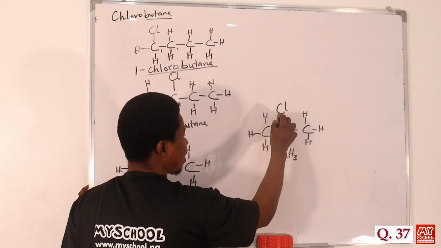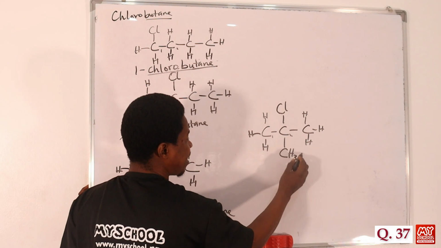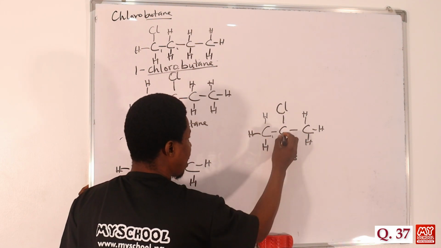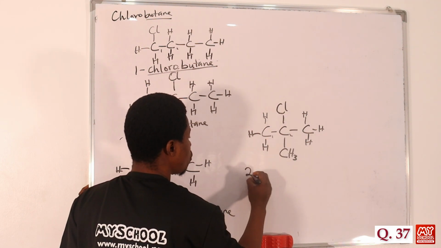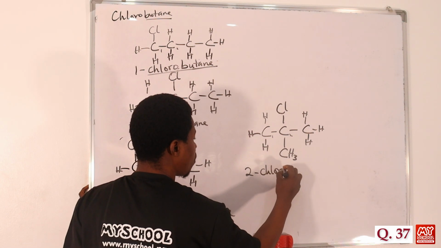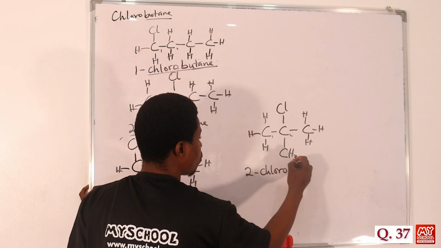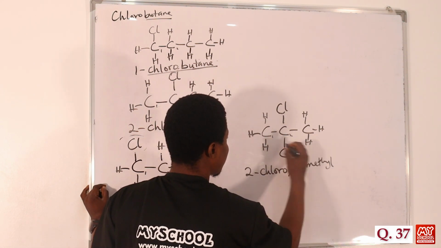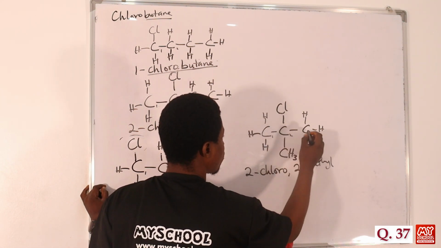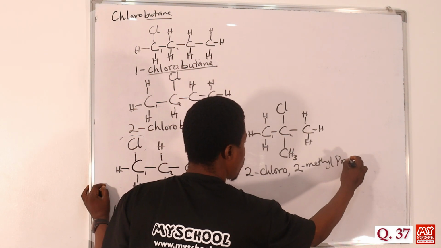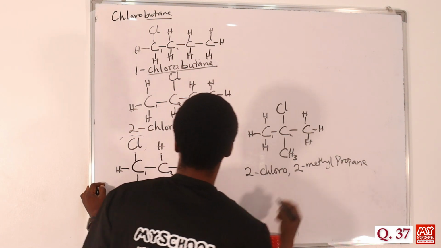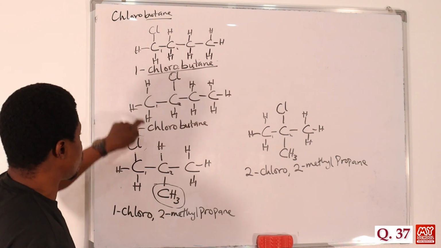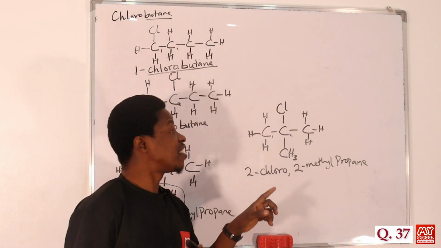But don't forget C for chlorine, M for methyl. So C comes first. So that will be 2-chloro, comma 2-methyl. How many carbon atoms do we have? Straight chain 1, 2, 3. The longest chain is 3. That is propane. Okay, so we've been able to draw 4 possible structural isomers.